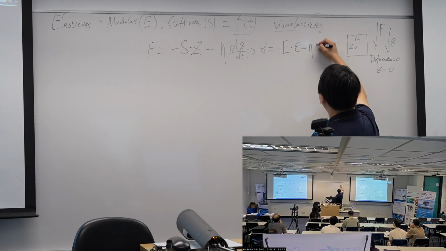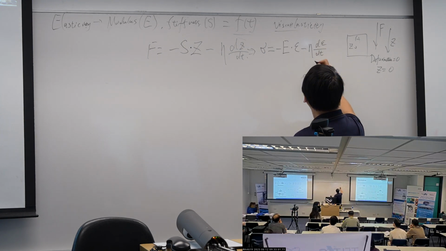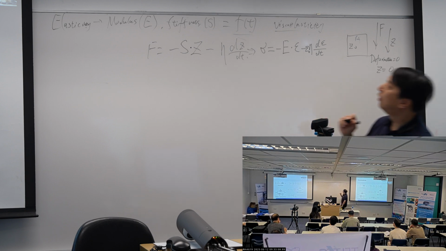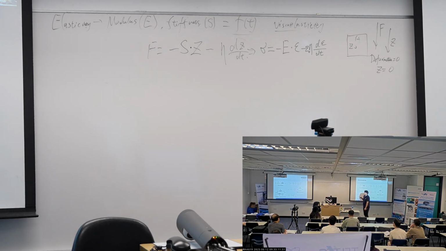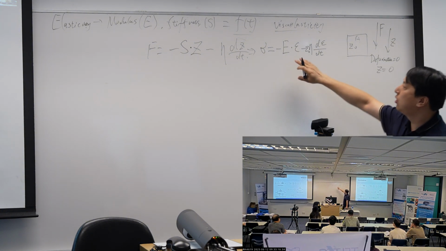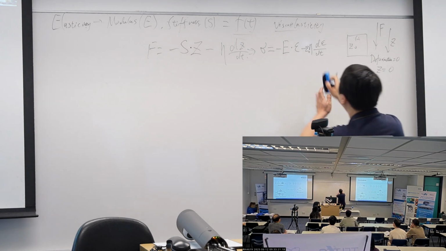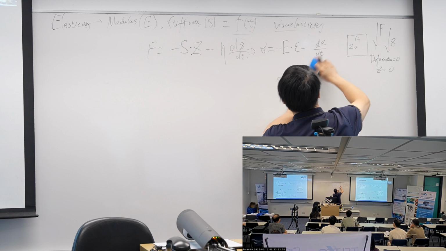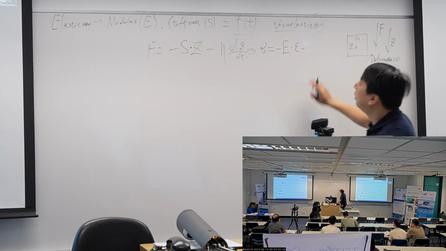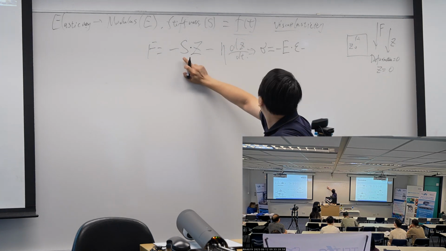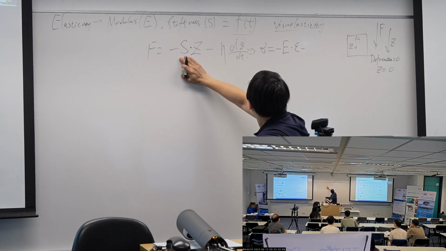This one should be eta times Z0. That's how we change Hooke's law into stress and strain. No, I'm sorry, they should be divided by A.